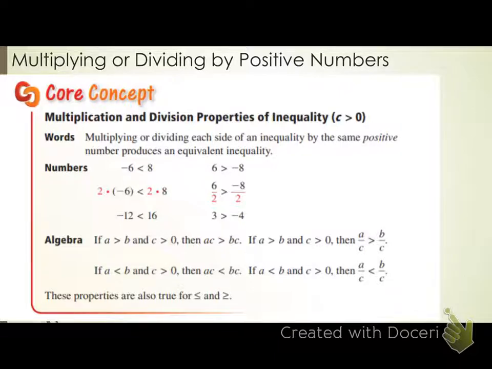If it's added or subtracted by a negative, it stays. The only time it flips is if you multiply or divide both sides by a negative number. Okay? Let's look at our examples.